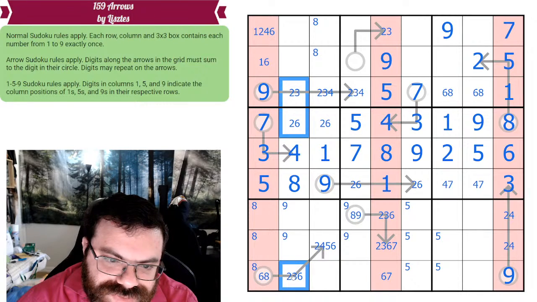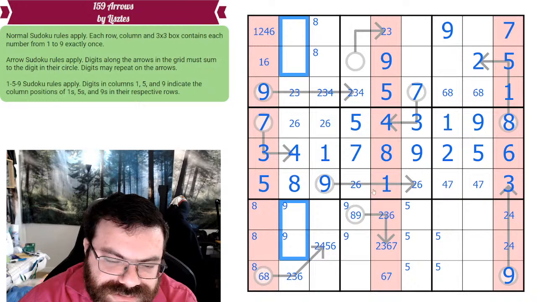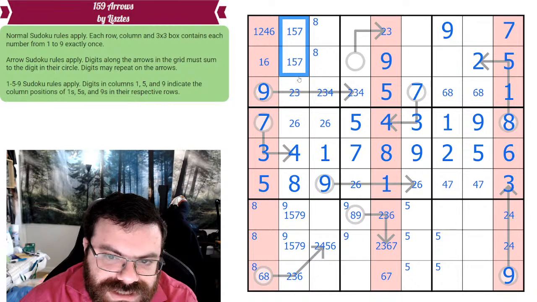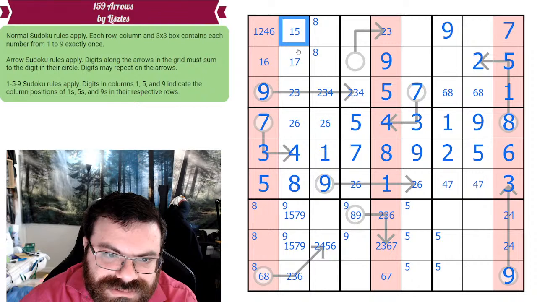It's true, that is a 2, 3, 6 triple. What's that leave? It's a quad? 1, 5, 7, 9. No, that's not a 9. That's not a 5. It's not a 7.